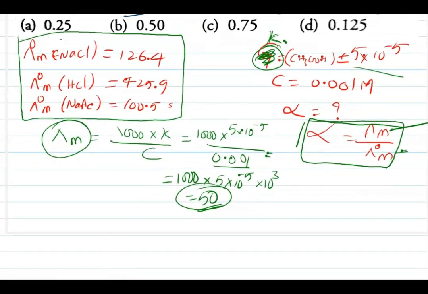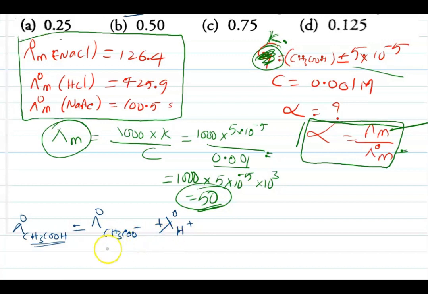To get lambda naught m, that is the limiting molar conductivity of the weak electrolyte acetic acid, the limiting molar conductivity of CH3COOH is equal to the limiting molar conductivity of CH3COO minus plus the limiting molar conductivity of H plus. This is what Kohlrausch law says. The limiting molar conductivity of any electrolyte is the sum of the limiting molar conductivities of cation and anion.